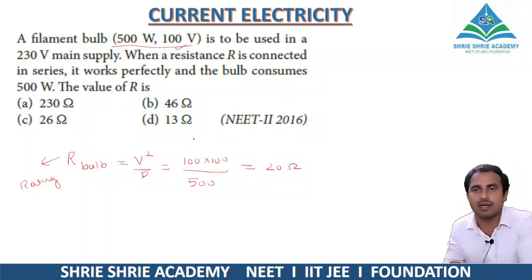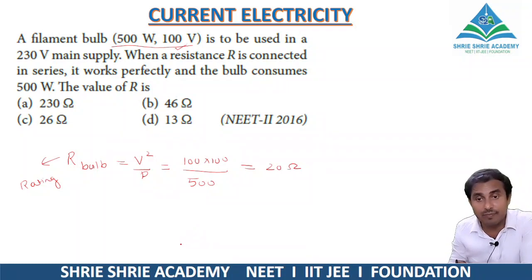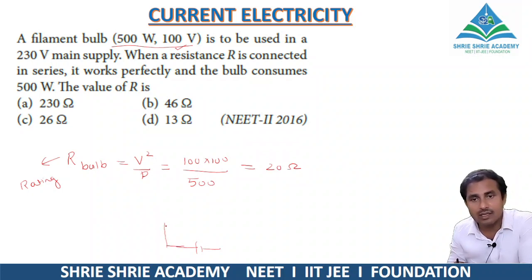Now in this condition what is given, 230 is our supply voltage. So we have 230 supply voltage, right? And in that you have connected a bulb. Now we need to connect something in series connection.